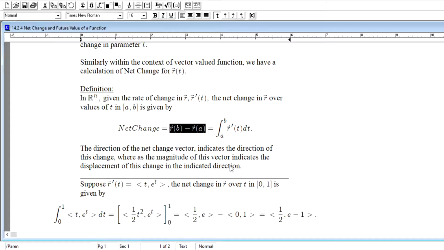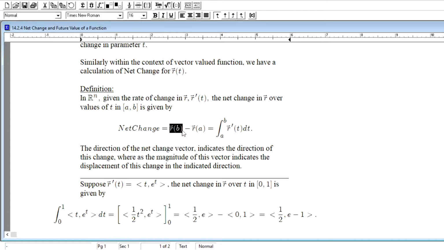You could certainly take your position at r bar of a, add to it this displacement vector, this net change description, and it would point to the value r bar of b. You could get that by adding r bar of a to your net change. Adding r bar of a to both sides of this relationship would give you r bar of a plus net change equal to your location at r bar of b. So this is the way to start to think about how net change would be interpreted.